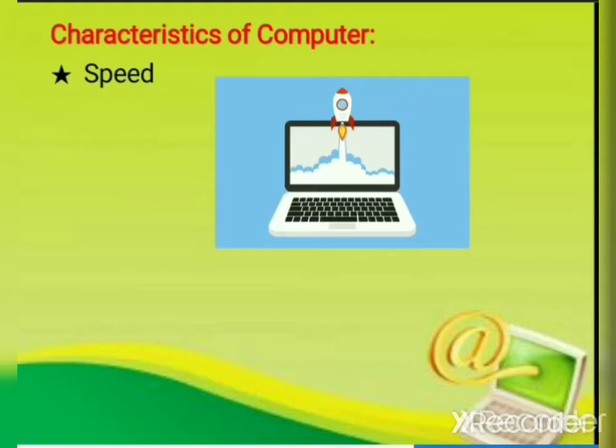Speed of computer is measured in terms of MIPS, that is millions of instructions per second, or BIPS, that is billions of instructions per second. So an example for speed of computer is a money counting machine. It counts money faster than man.